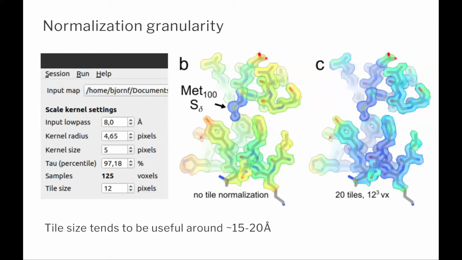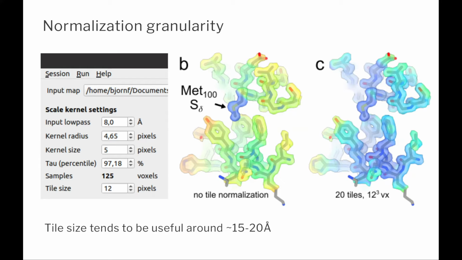Conventionally we say 12 pixels, but this should really be dependent on size. Around 15 to 20 angstroms is typically the size of protein components, right? So secondary structure elements. If you define that kind of size, then anything smaller will not be allowed to dominate the estimate.